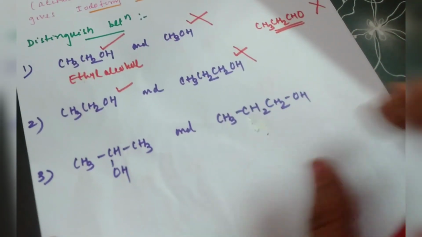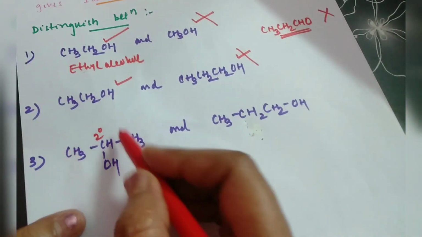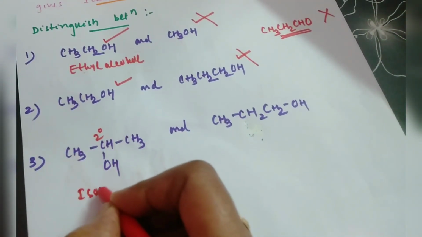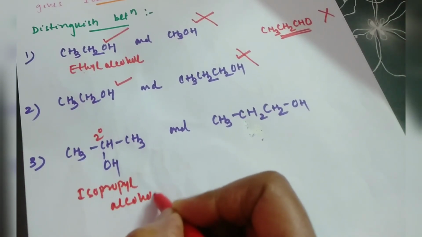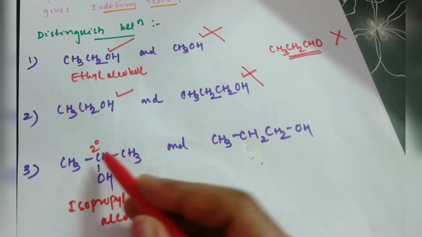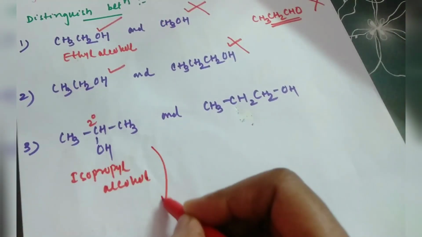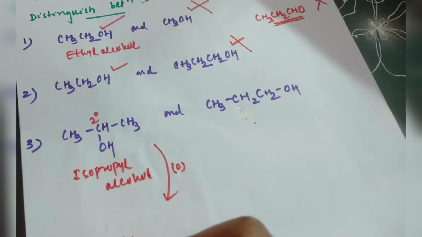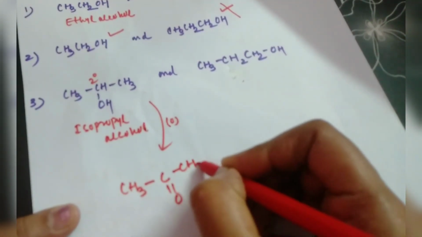Similarly, another point is a secondary alcohol. See here, this one is your secondary alcohol, which is isopropyl alcohol. Any secondary alcohol on oxidation gives a ketone, and isopropyl alcohol, if you oxidize it, will give the ketone acetone, CH3C=OCH3.